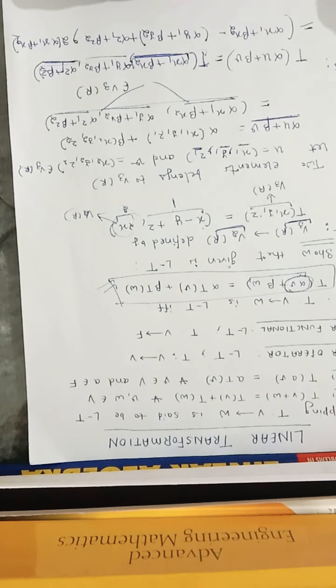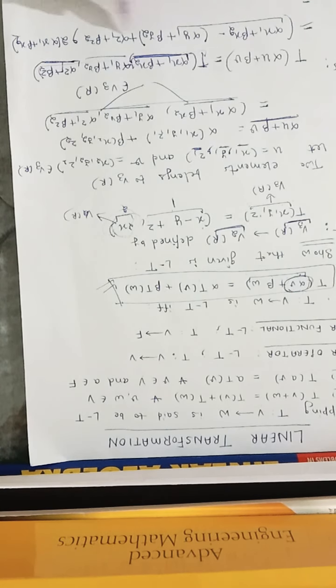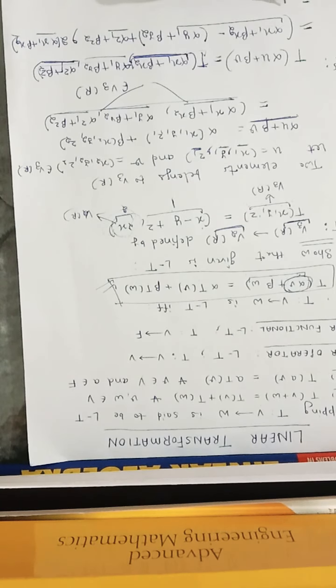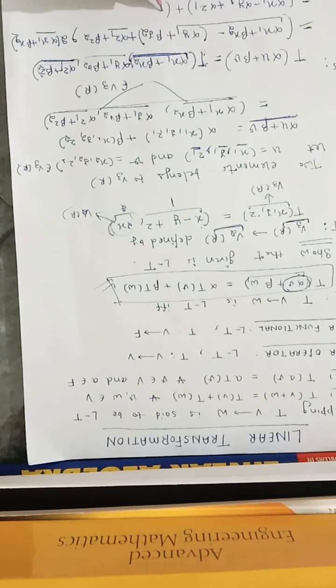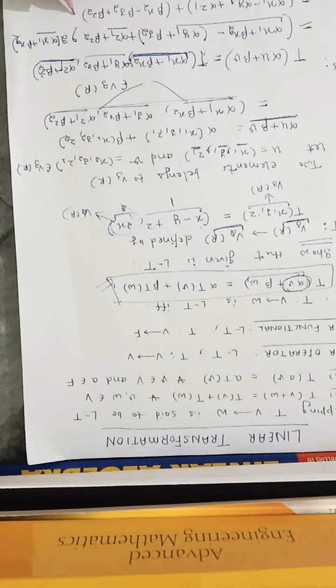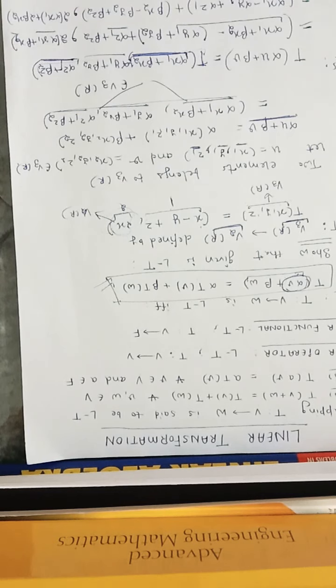Clear? On solving, taking the alpha terms collectively, we have alpha x1 minus alpha y1 plus alpha z1 plus beta times of x2 minus beta y2 plus beta z2, comma twice of alpha x1 plus twice of beta x2.